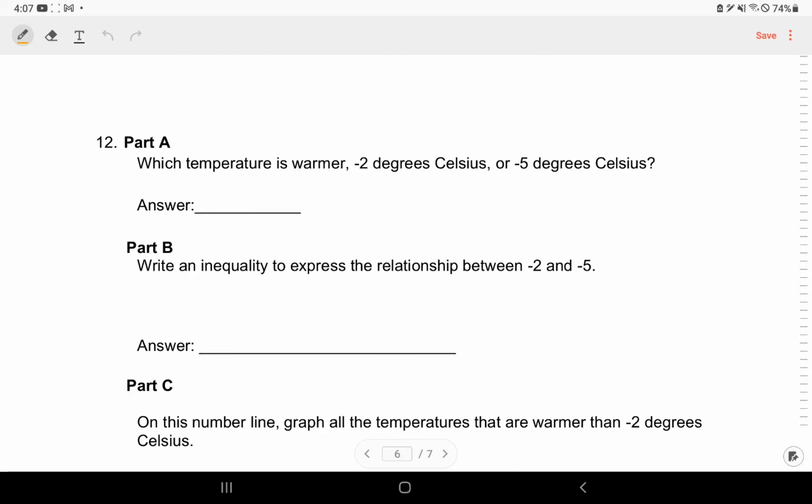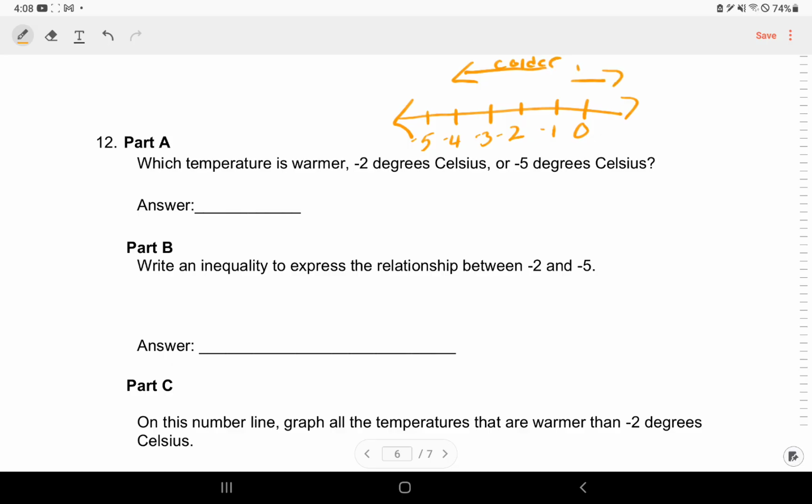Which temperature is warmer? -2 degrees Celsius or -5 degrees Celsius? Well, 0, -1, -2, -3, -4, -5. Going that way is colder.